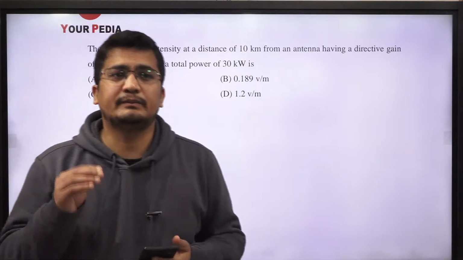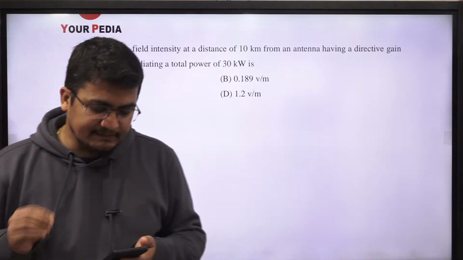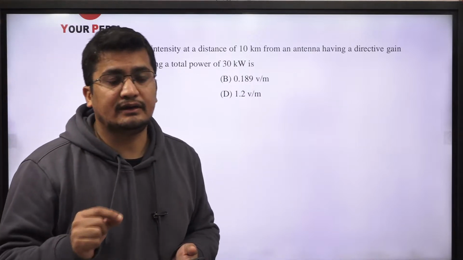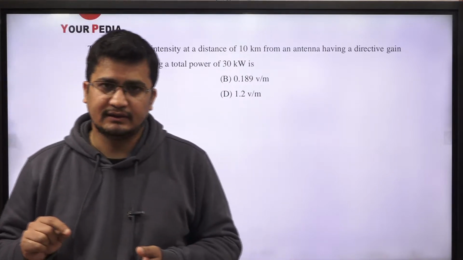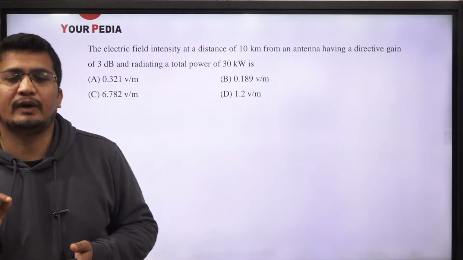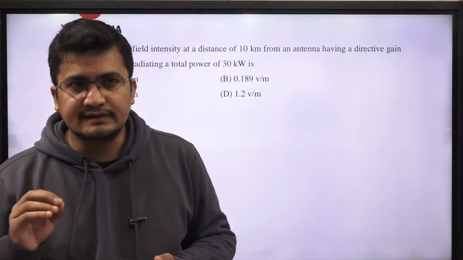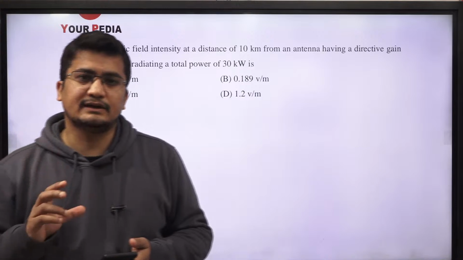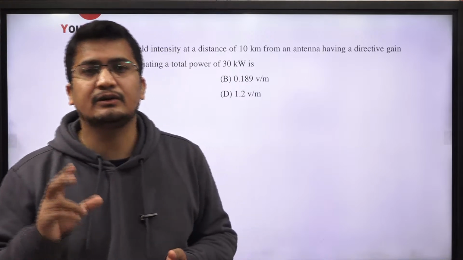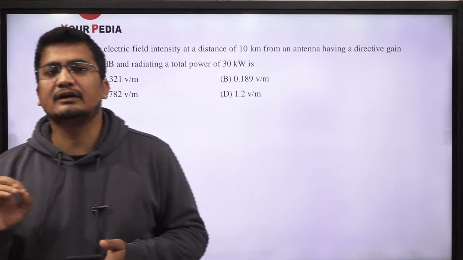See, let me give you people a hint here. The average power is mentioned here, that can be defined in terms of the electric field by using the pointing vector, that is E square upon twice of eta naught, where eta naught is the intrinsic impedance or space impedance, right? And similarly, you might have studied the radiation power formula for the antenna with the directive gain in the EMFT.